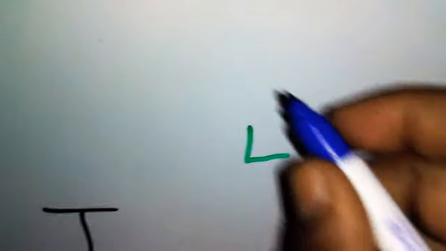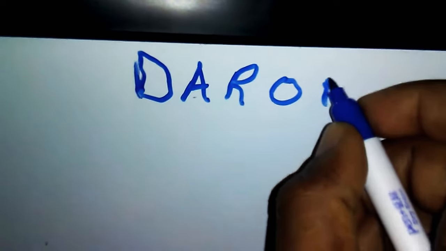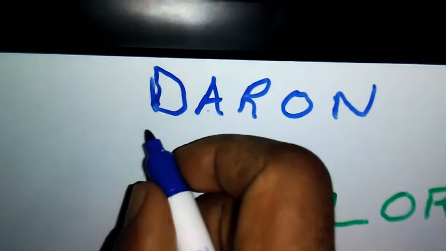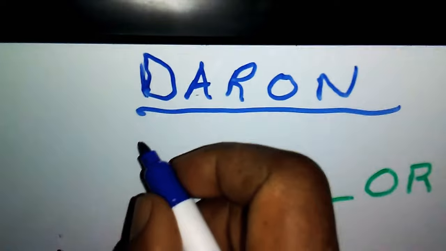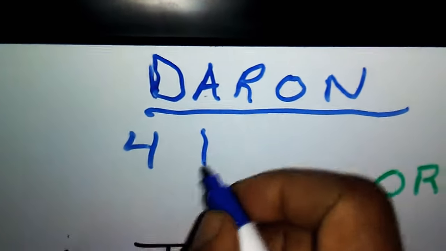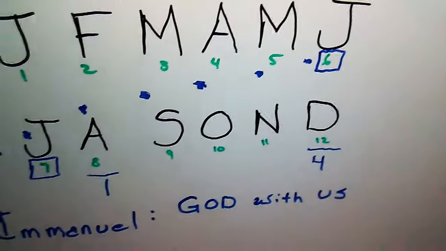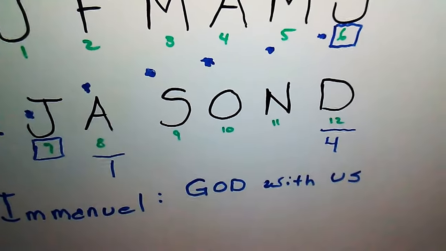Let me break this down a little briefly for you. Something y'all probably never paid attention to, but let me break it down for you. My name is D A R O N. D is 4. A is 1. Because D is the 4th letter. A is the 1st letter. You see it?